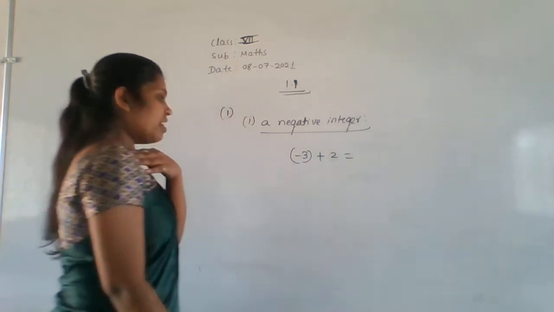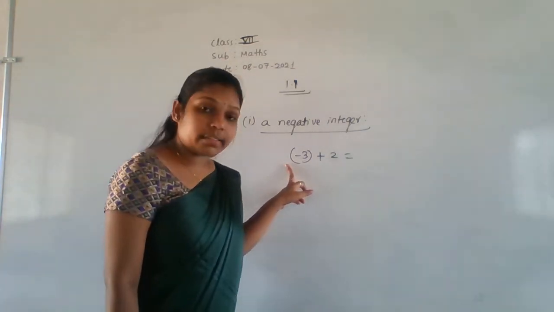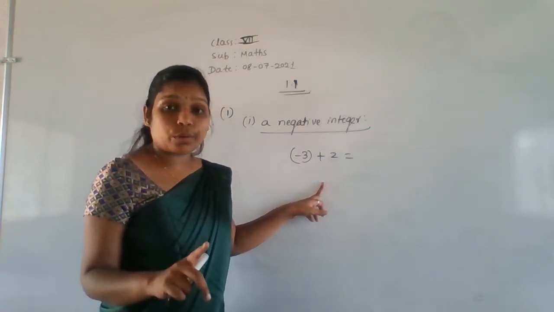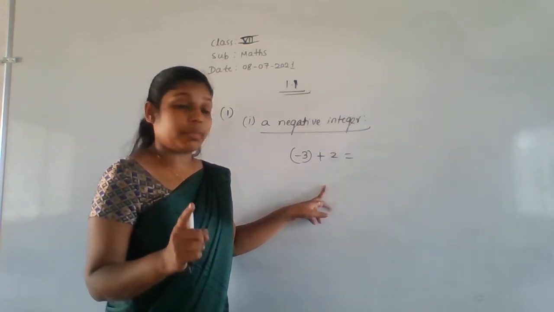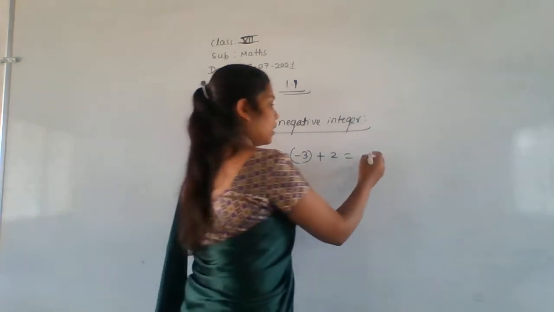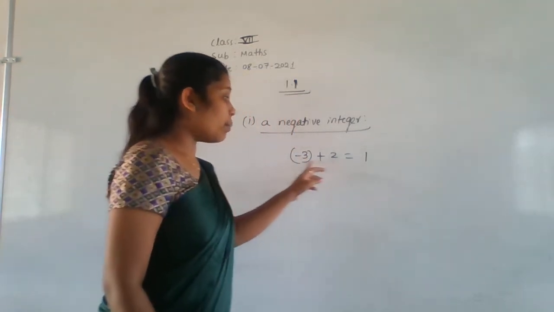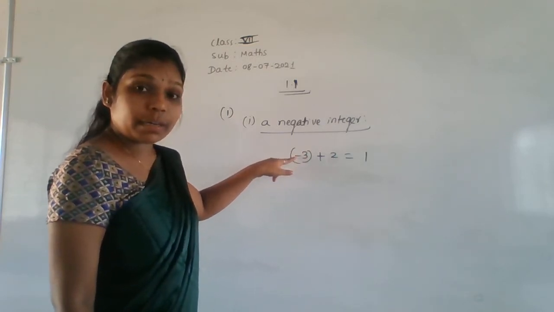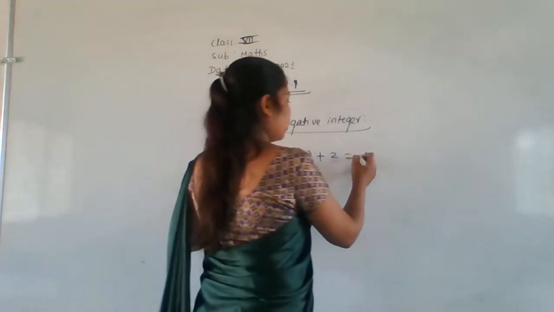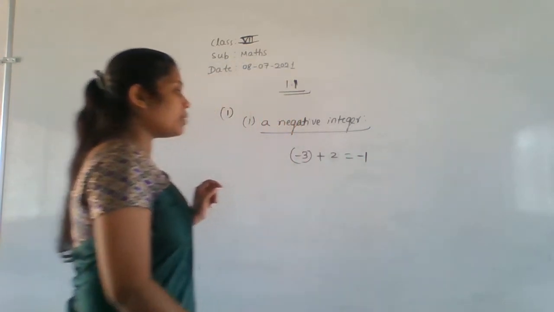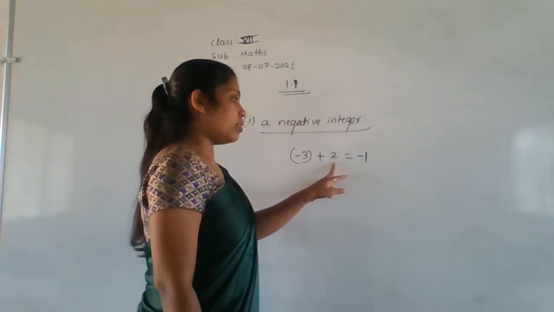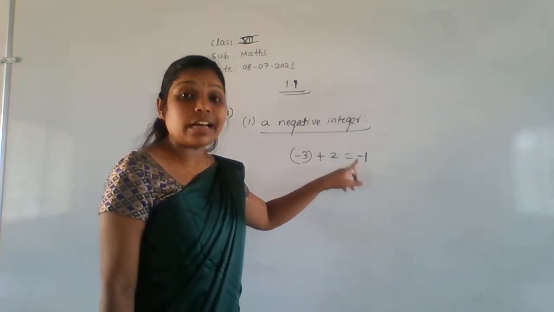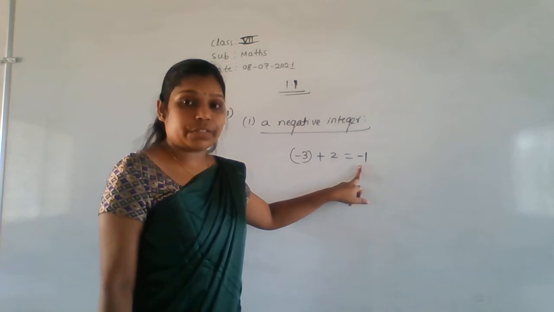What is the answer here? One is minus, one is plus, so you have to subtract those two numbers. 3 minus 2 is 1. What is the sign of the bigger number? The bigger number is 3, and its sign is minus. Write that minus sign. So minus 3 plus 2 is minus 1. Minus 1 is a negative integer, not a positive integer.